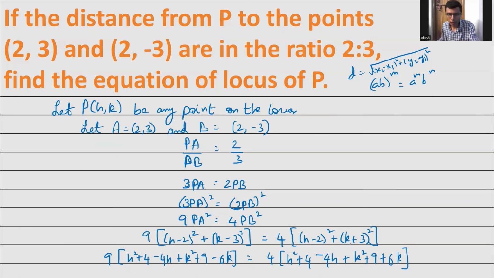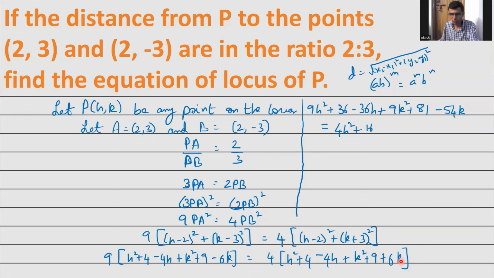Okay, now I'll just fit it here. Why go to another page? Okay, so 9h square plus 36, just expand it. 9h square plus 36 minus 36h plus 9k square plus 81 minus 54k is equal to 4h square plus 16.